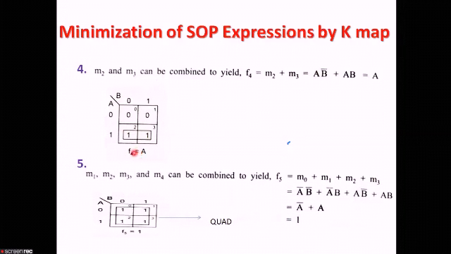So next, I hope this is clear to you. Next, we are going to this fifth one. Here we can see that all the 4 terms are present. That is min term 1, 2, 3 and min term 4. All these min terms are present.